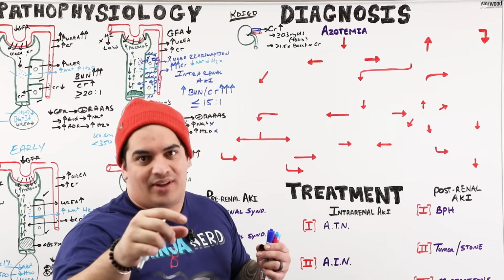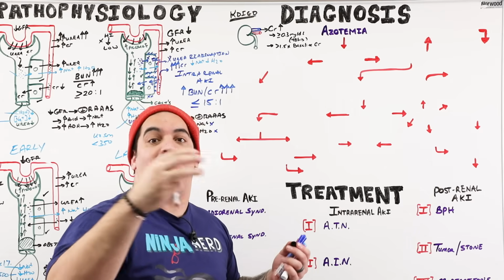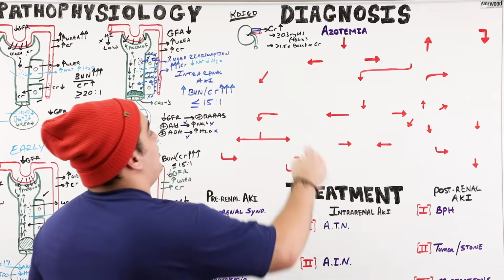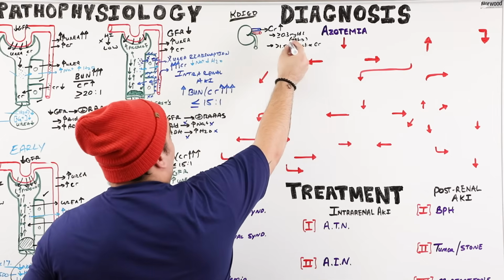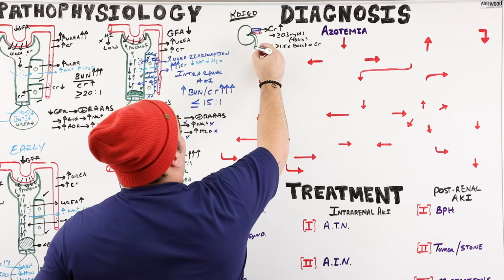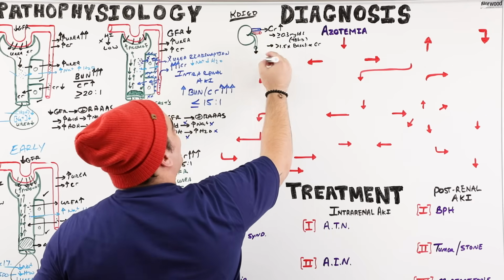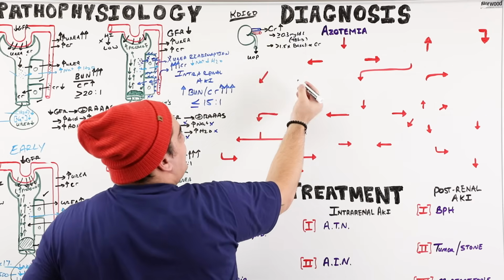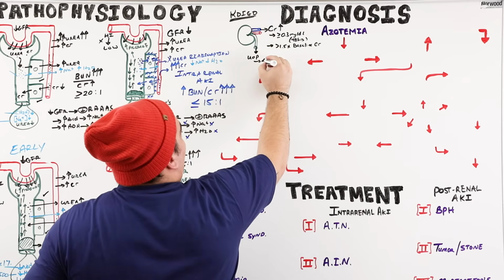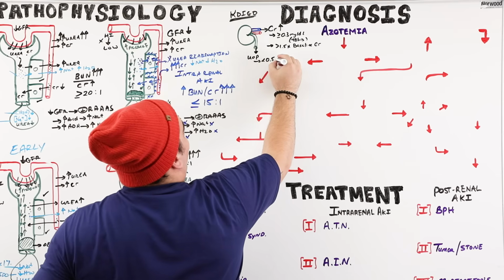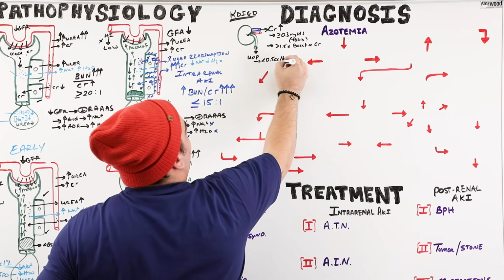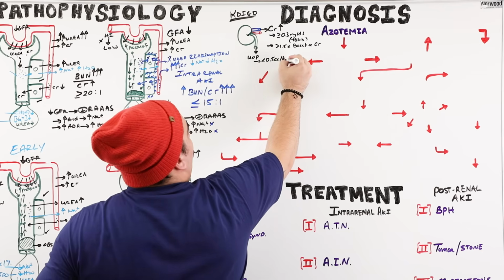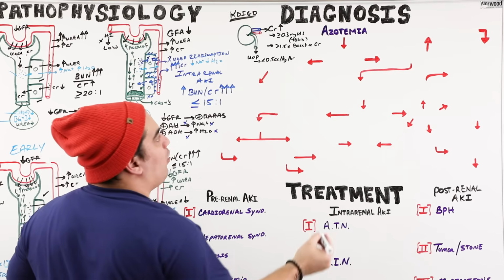So it goes 1.5 to generally 2, 2 to 3, greater than 3. Okay? So these are two ways that we can look at it in response to creatinine. The other way is urine output. What does their urine output look like? The easiest way I like to remember that is that they're making less than 0.5 cc's per kilogram of body weight, right? And this is generally per hour.